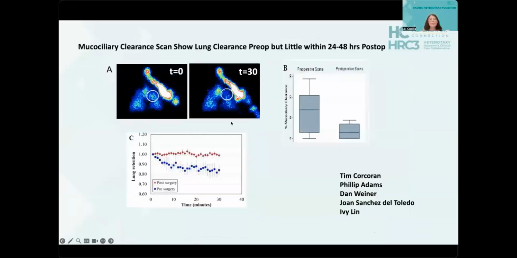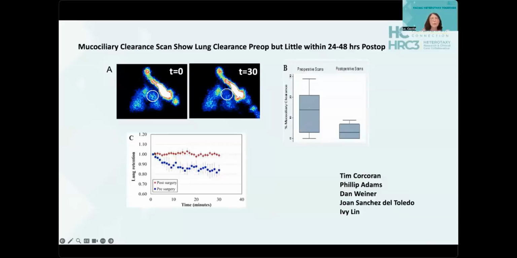And with this, then we can measure airway clearance, and this is at T0 and 30 minutes later. And you can see this radioactivity in this region of the lung is cleared over that time frame. And so if you look at preoperative scans, you can see there's a great deal of airway clearance. And that's shown here for a single subject over time. Over 30 minutes, you can see that radioactivity is decreasing because it's being cleared from the airway.